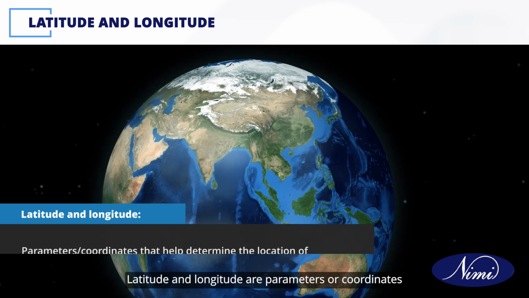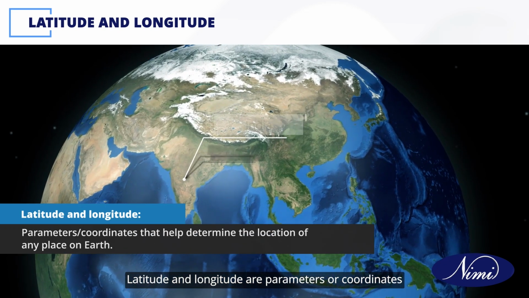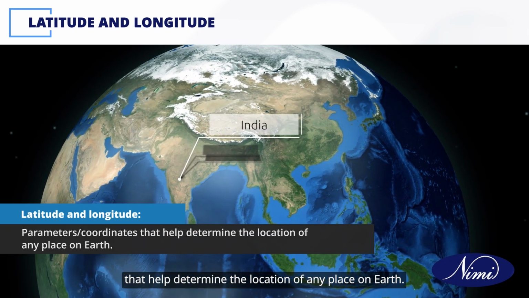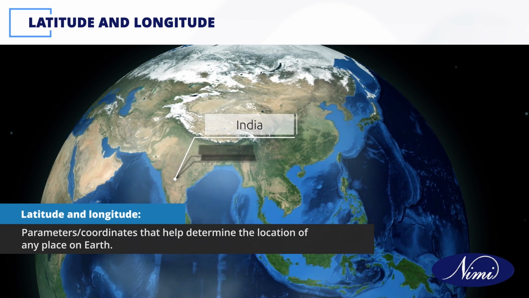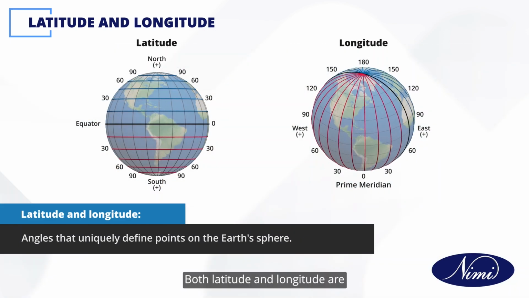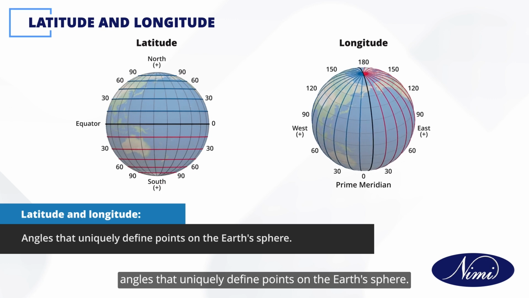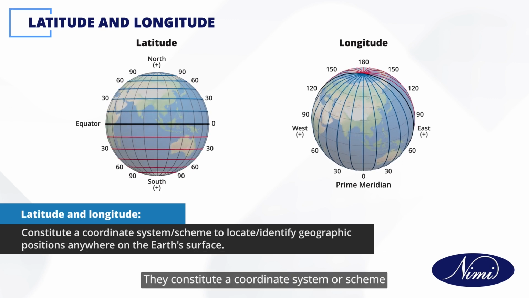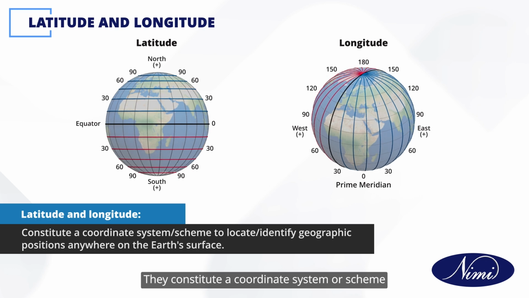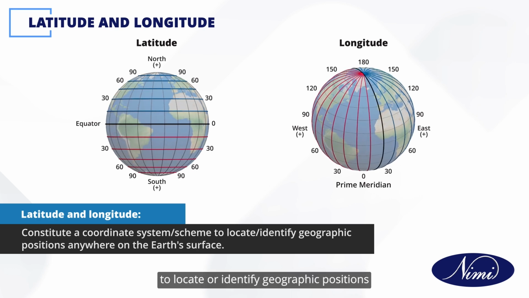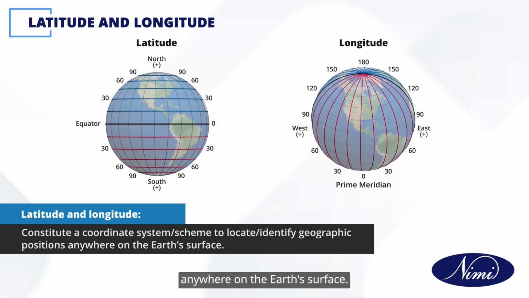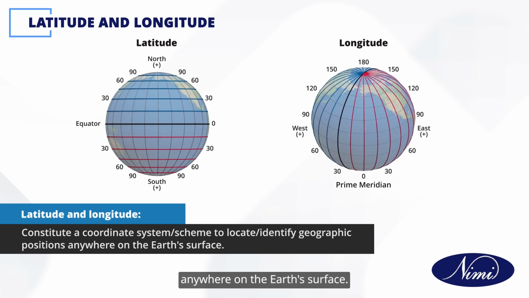Latitude and longitude are parameters or coordinates that help determine the location of any place on Earth. Both latitude and longitude are angles that uniquely define points on the Earth's sphere. They constitute a coordinate system or scheme to locate or identify geographic positions anywhere on the Earth's surface.